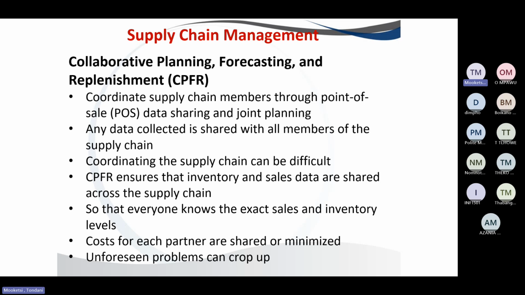So when you go and buy an item and you check it out at the teller, stock levels are updated and the sales figures are updated so that everyone is informed of how much sales we've made of this specific product and how many are left in stock. Costs for each partner are shared and minimized because now they're using a centralized system. But just like anything, there are always unforeseen problems that can come up.